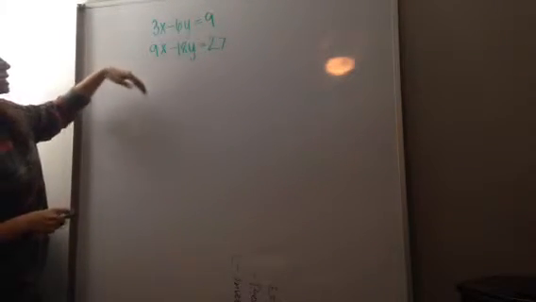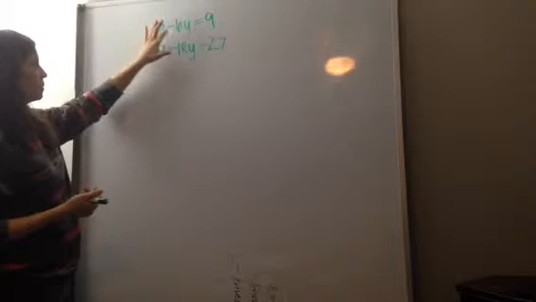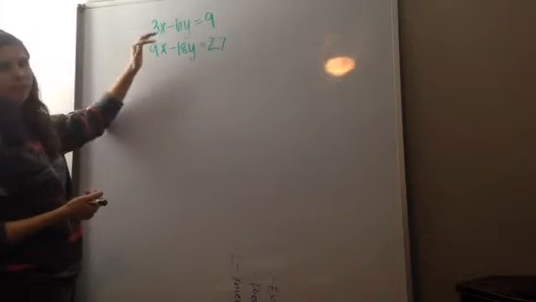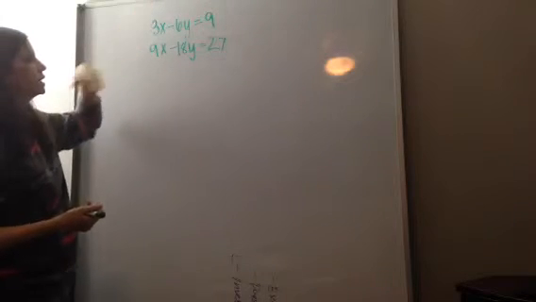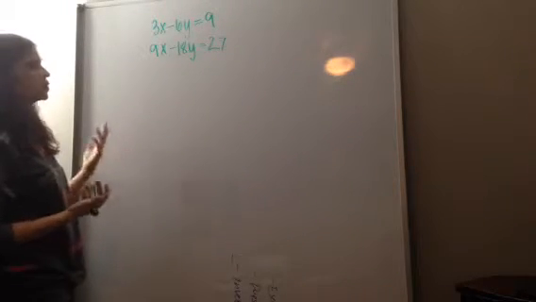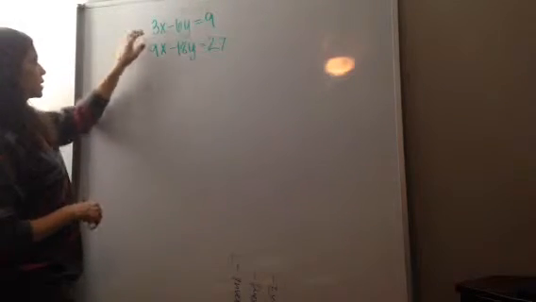Okay, so we can decide if we're going to eliminate the x's or the y's. It doesn't matter. So since neither of them are even similar, like they don't both have 9 or 3, and they don't both have 6 or 18, so then we can just pick x or y, just eeny, meeny, miny, moe. So let's look at the x's.